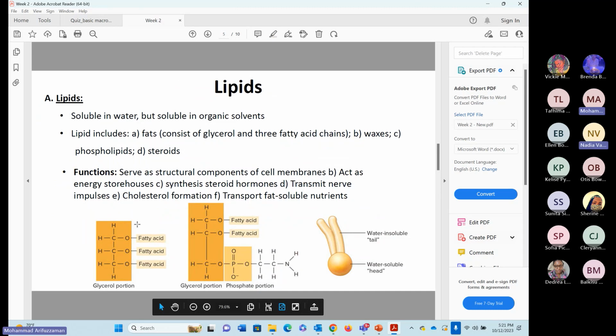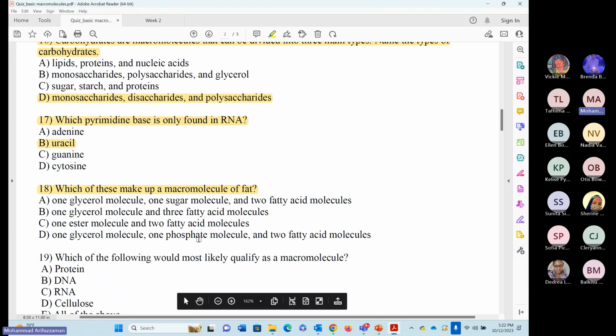The fat is also called fatty acid. What is the chemical name of fat? Triglycerides. Triglyceride consists of glycerol and how many fatty acids? 3. So you can see 3 fatty acids and glycerol. So this is the fat. So the correct answer is 1 glycerol molecule and 3 fatty acid molecules. So that is the fat.